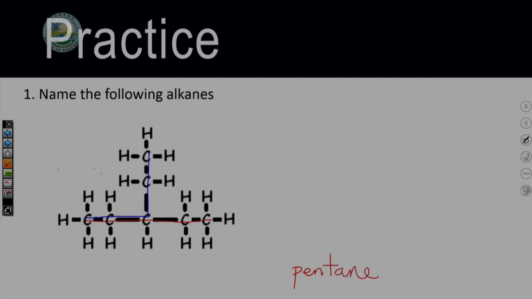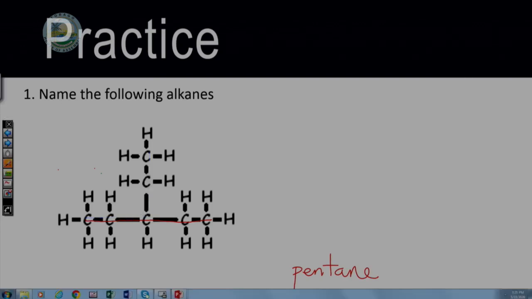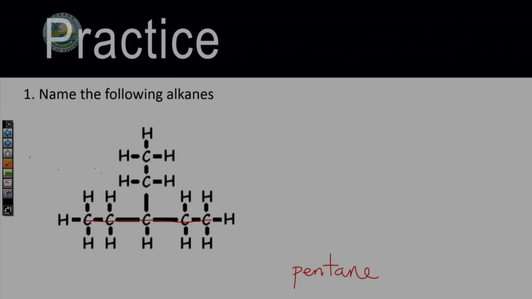All right, and our branches are going to be consisting of how many carbons? This is our branch, but our branch in this case contains 2 carbons. And when we have 2 carbons, this is 1, 2, we call it eth.